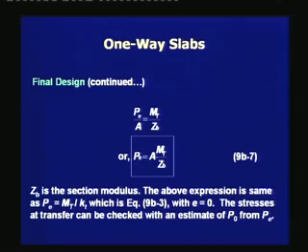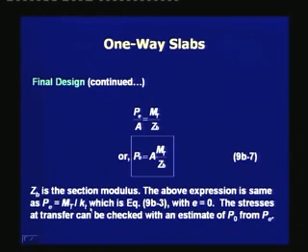This expression is a simpler expression which we can use if the eccentricity is 0, and this is based on the concept that the uniform compressive stress balances the tensile stress under service conditions due to flexure. Zb is the section modulus. The above expression is the same as Pe equal to Mt divided by Kt, which is equation 9b3 with e equal to 0.